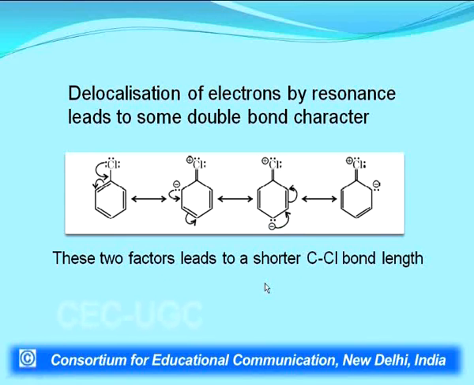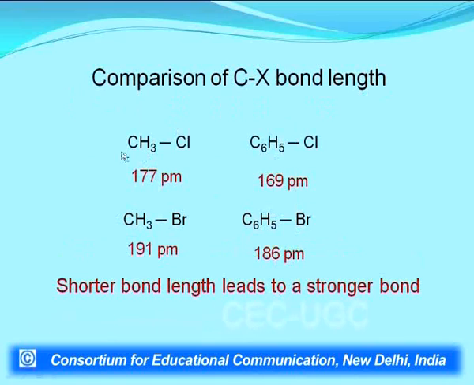Let us compare their bond lengths. The carbon-chlorine bond length in chloromethane is 177 picometers, whereas in chlorobenzene this is 169 picometers. So, this carbon-chlorine bond is shorter in chlorobenzene. Similarly, if we compare the carbon-bromine bond length, in bromomethane it is 191 picometers, whereas in bromobenzene this is 186 picometers, and we know that the shorter the bond length, the stronger the bond.